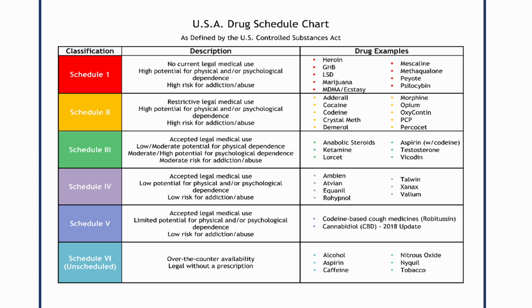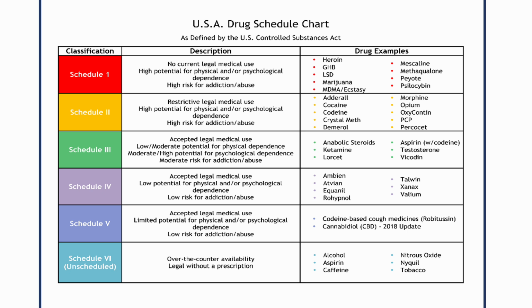However, we know that they may cause a low physical but a high psychological dependence. Examples are things like ketamine, also medications that have codeine that is less than 90 milligrams, so a Tylenol that has codeine in it, and then also hydrocodone in less than 15 milligrams, so a Vicodin would be a Schedule 3 as well.